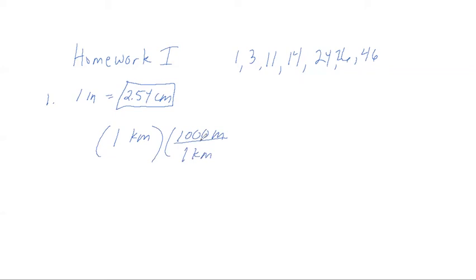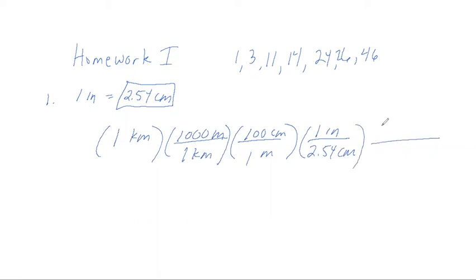When you get real good at this, you can leave out the denominator, but we'll go ahead and do it nice and slowly. We're going to feet, right? Times, we need to get to centimeters. 100 centimeters in 1 meter times 1 inch in 2.54 centimeters. And finally, 1 foot in 12 inches.